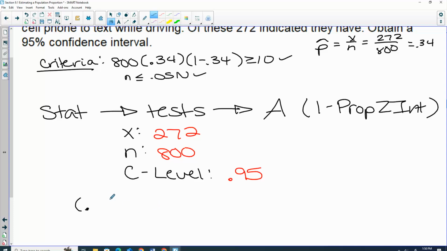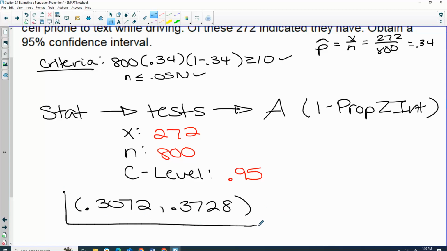You can use all the decimal places, or we can round it if we want, so we get 0.3072 to 0.3728. Didn't have to interpret that time, but it was a 95% confidence interval, so we're 95% confident the real proportion falls between these numbers.